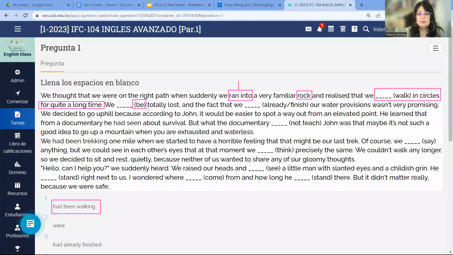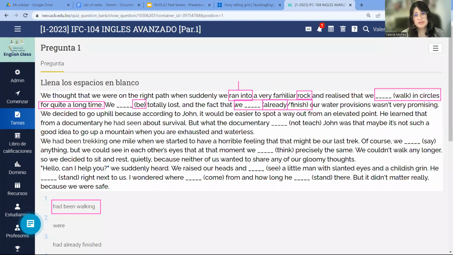And then we have the next one. And the fact that we, something, already finished our water provisions wasn't very promising. This one is quite easy to solve if you know that already, usually, not always, goes with the perfect tenses. It also happens with the present perfect tenses, already goes with them. It's more common to use them with the perfect tenses. So we had already finished. Why?